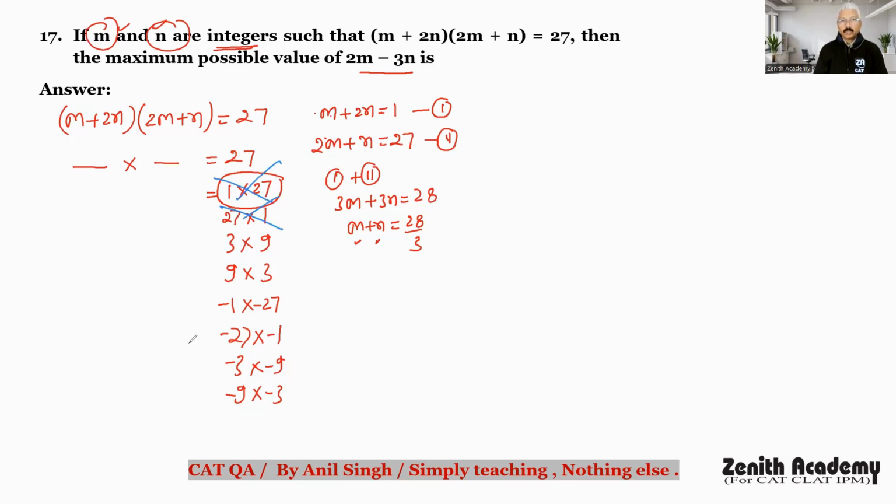Similarly, 27 and 1 not possible, minus 1, minus 27 and minus 27, minus 1 not possible.